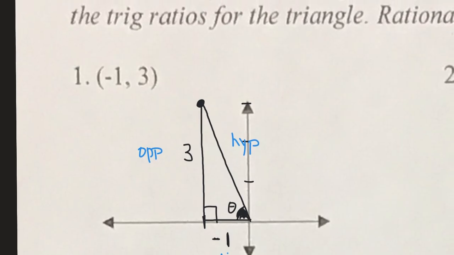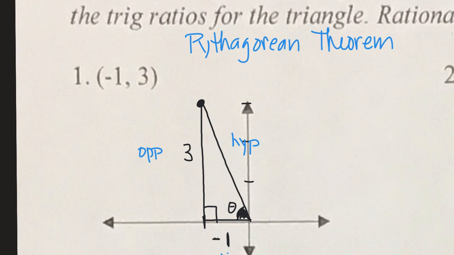Pythagorean theorem. So in this case, I have (-1) squared, that's a side length, plus 3 squared equals the length of my hypotenuse squared. And I put the negative in parentheses because if you use your calculator to figure this out, without parentheses, your calculator is going to tell you it's negative, which is a lie.